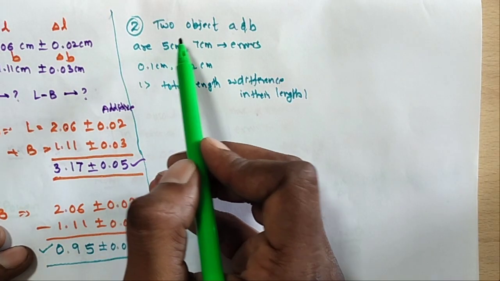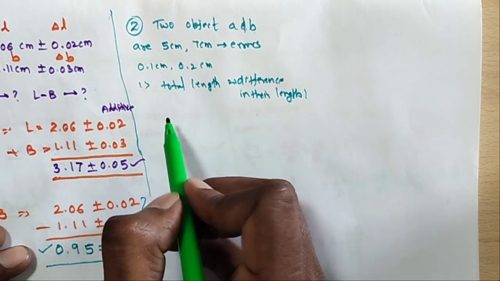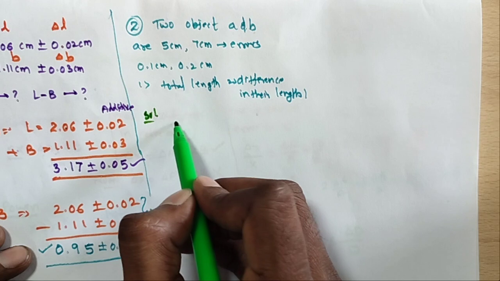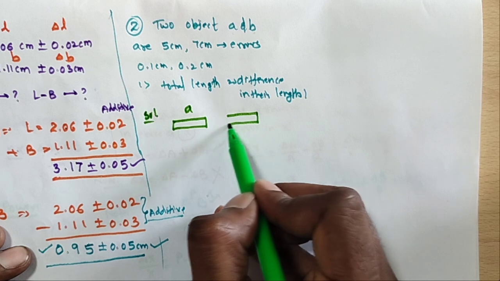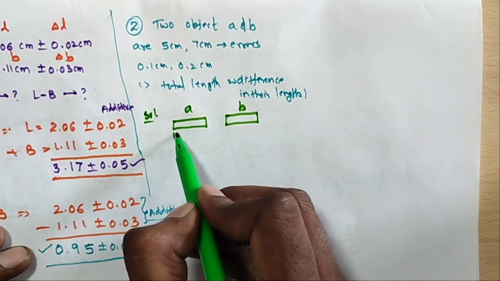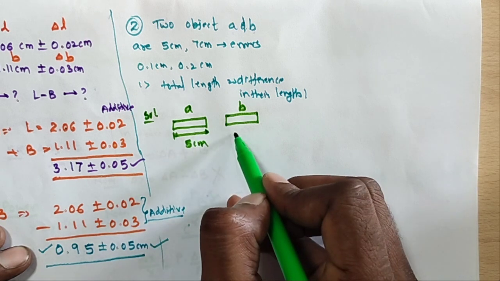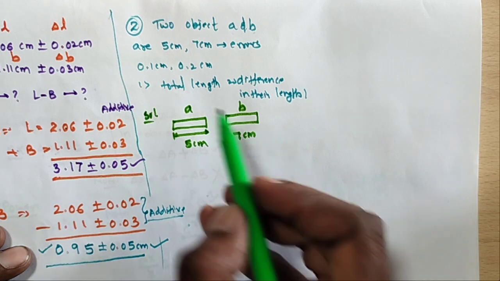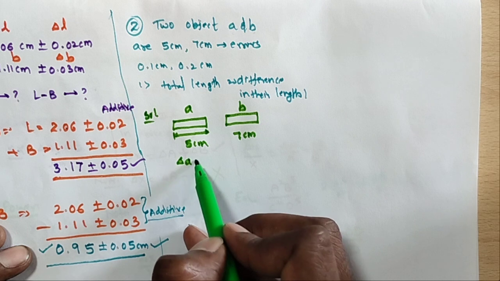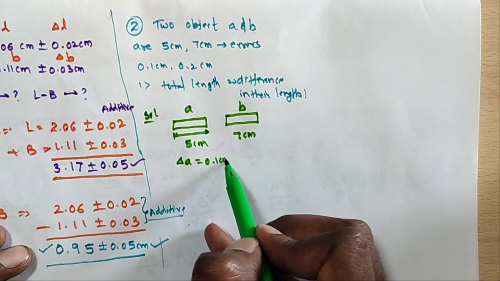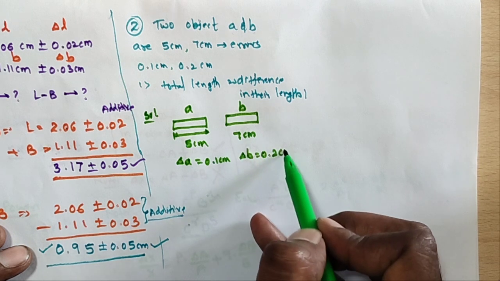Second problem. Two objects, I am taking A and B, two objects' lengths. This is one object, A, and this is another object, B. The length of the first object is 5 centimeter, and the second object is 7 centimeter, and the errors are given: delta A is equal to 0.1 centimeter, and delta B is equal to 0.2 centimeter.